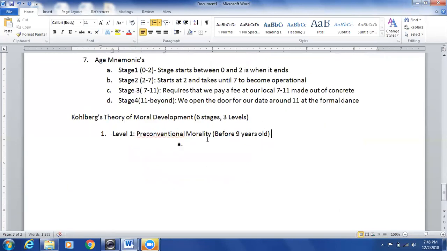I'm going to move this over so that we have a lot more space. So this first stage is stage 1, and this is the obedience and punishment orientation. So what happens here?